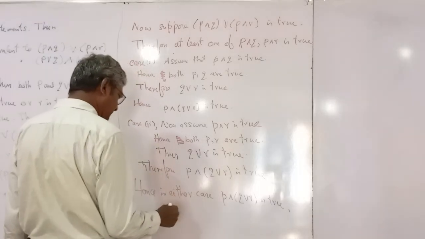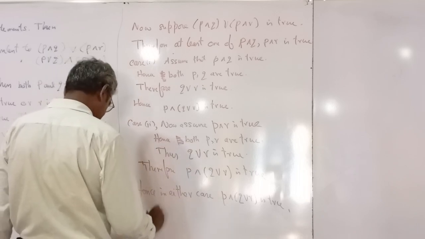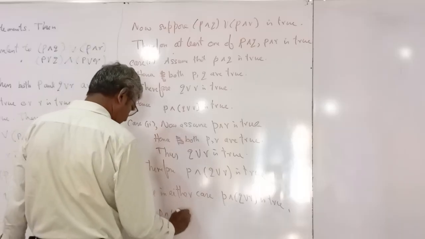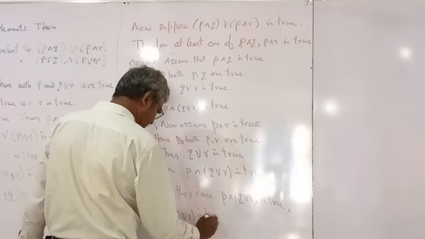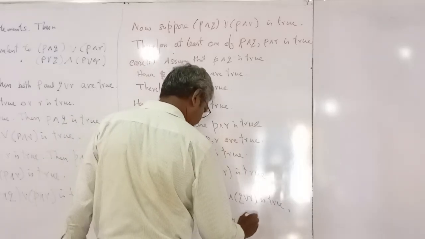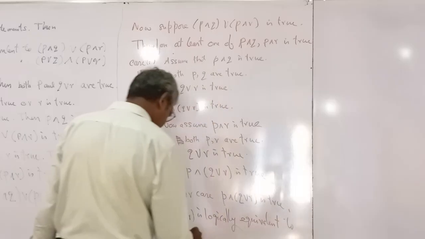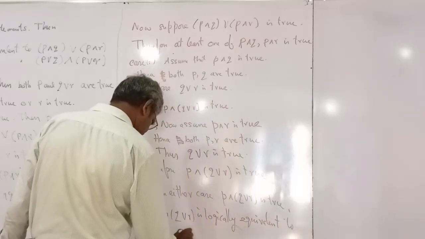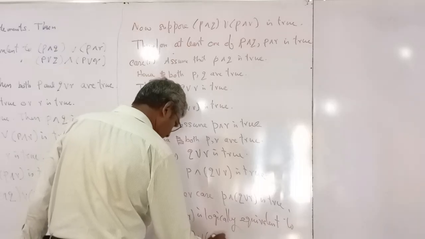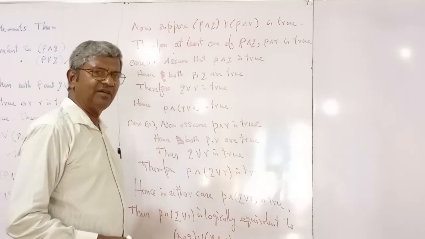Thus, P and Q or R is logically equivalent to P and Q or P and R. I'm terribly sure now we have proved it.